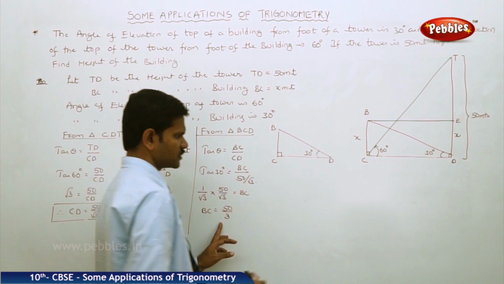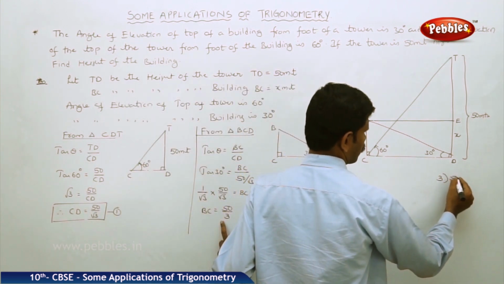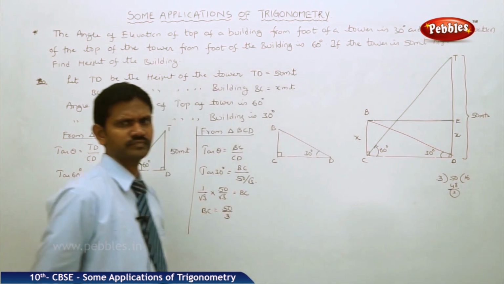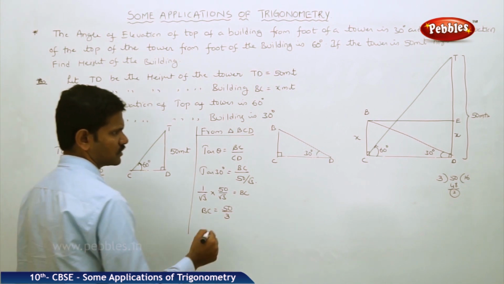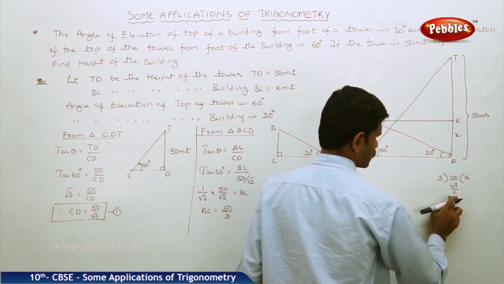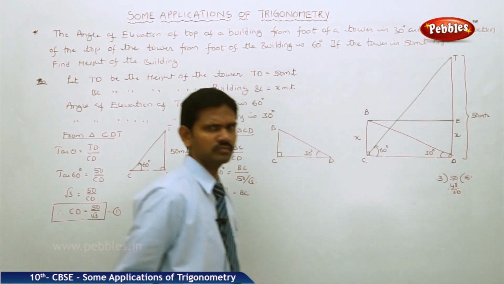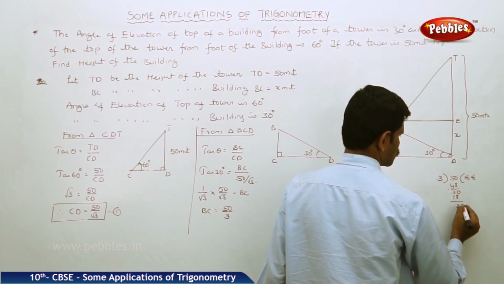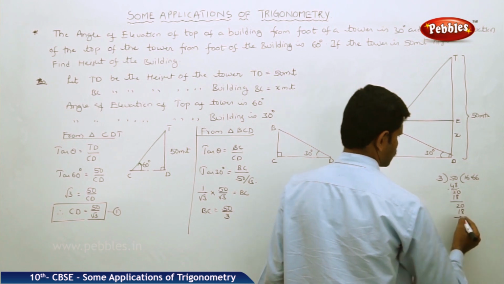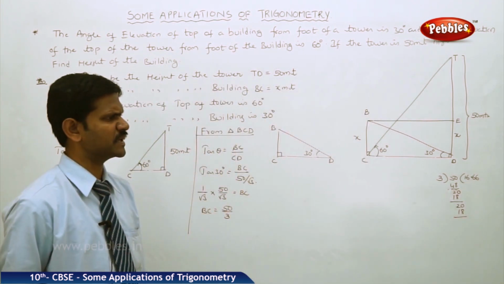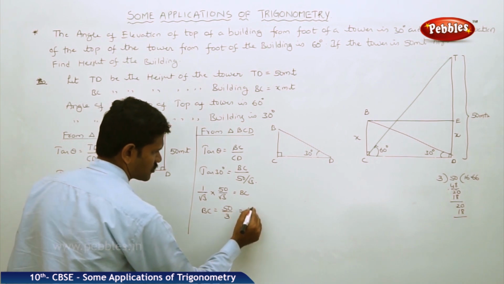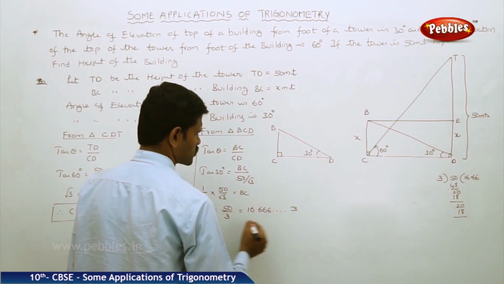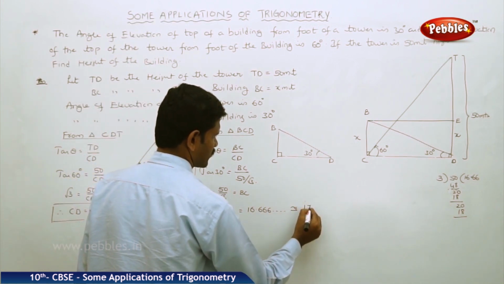Now 50 by 3: 16 threes are 48, the remainder is 2. Then 6 times 18, 20. Now a non-terminating repeating decimal is coming, which is 16.666 and so on, that is approximately equal to 17 meters.